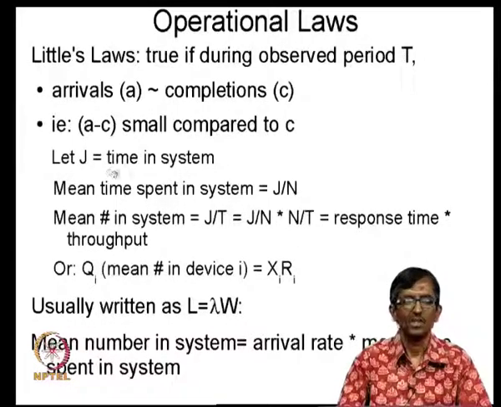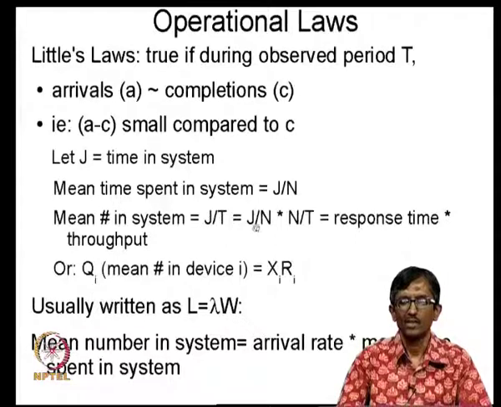Suppose there is a particular job, and J is the time that is spent in the system. Okay. So since we have n jobs, the mean time spent in the system is J by n. Basically this is the time in the system, there are n jobs, therefore the time for each job is J by n. Again you can see the mean number in system is J by T.